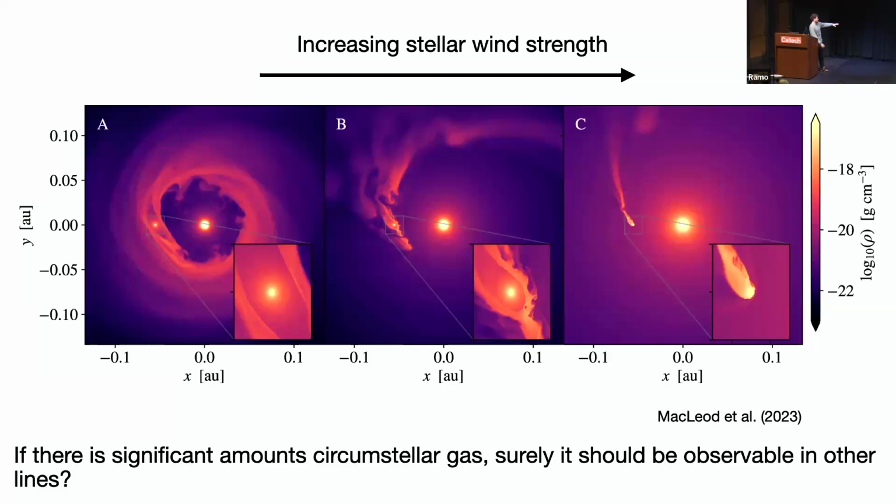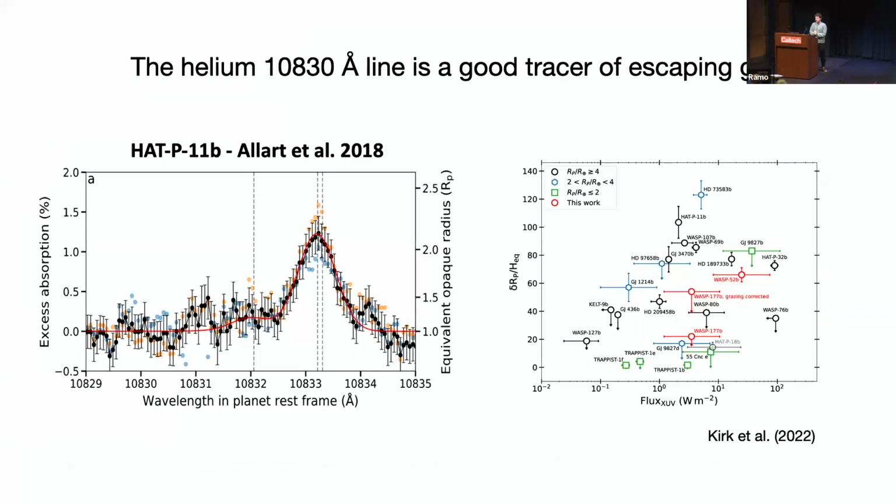So if there is this significant amount of circumstellar gas, surely it should be observable not just in calcium, which is not thought to be a big escaping gas, but something like helium. And if you ask any person who does atmospheric escape, the helium line is a great line because it's our most productive in finding escaping planets so far.